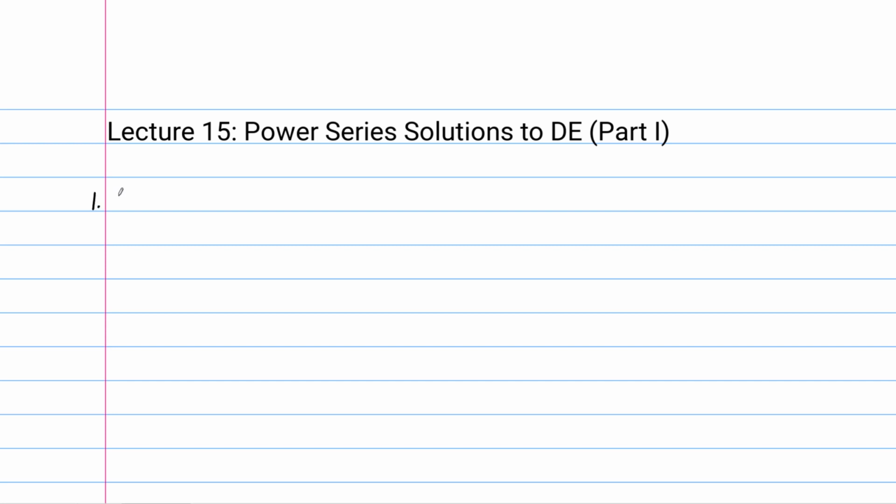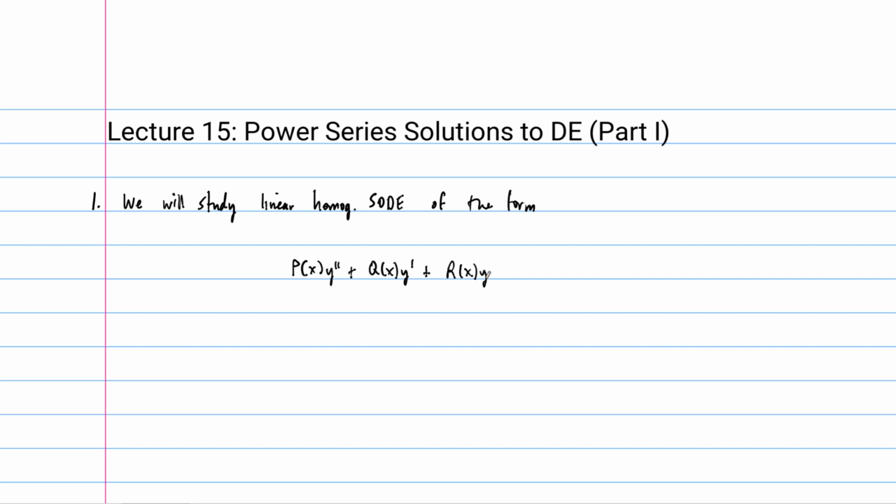And the kinds of differential equations that we're going to study are going to be linear, homogeneous, second-order equations. So for this lecture and for the next lecture, we will study linear, homogeneous, second-order differential equations of the form, and I'm going to label this equation because this is going to be our go-to equation: p of x y double prime plus q of x times y prime plus a function r of x times y equals 0.